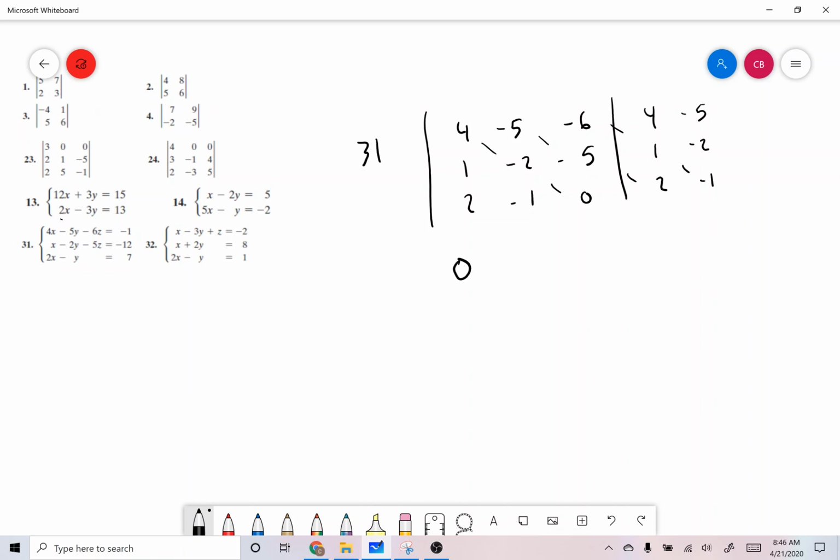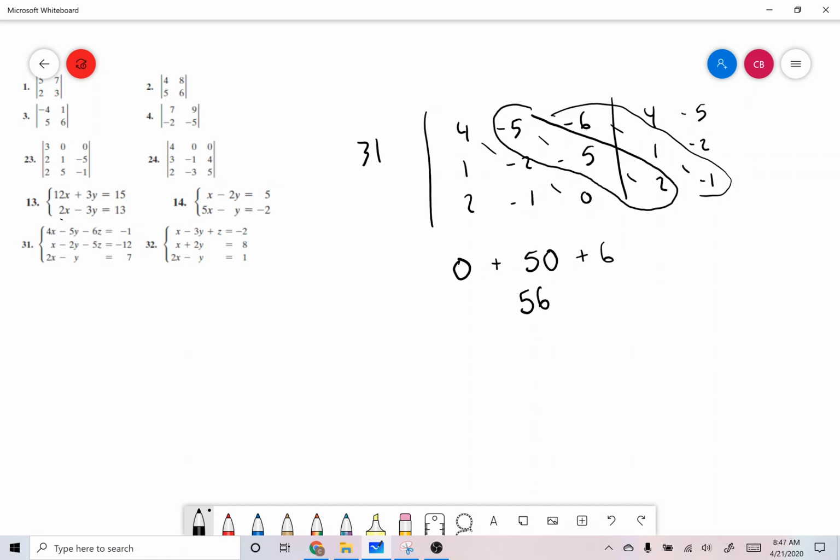So I'm just going to write that. Then -5 times -5 is 25, so plus 25 times 2, that's 50. And then times these ones, this is -6, 1, and -1, so that's going to be positive 6. So 56.